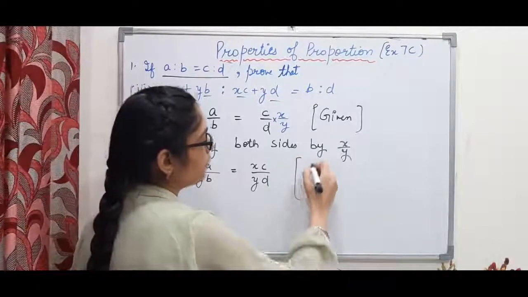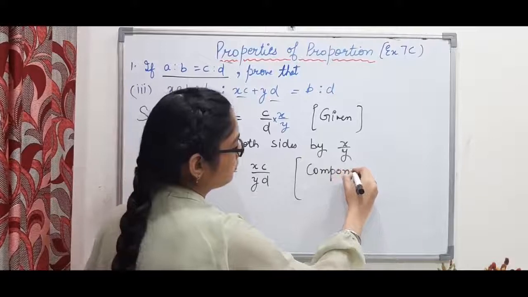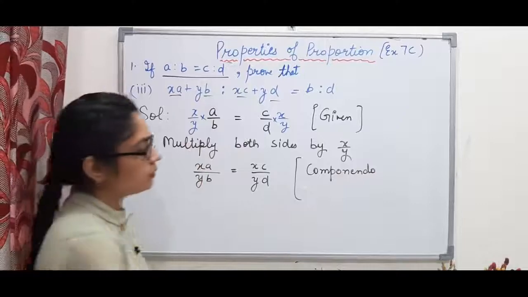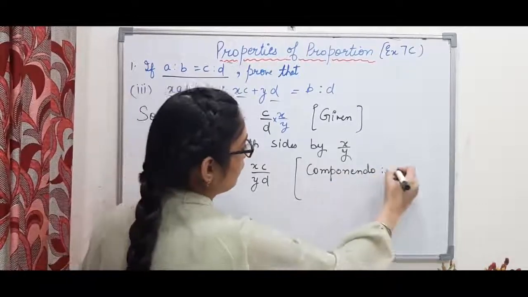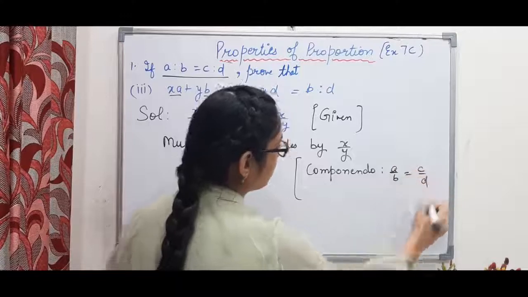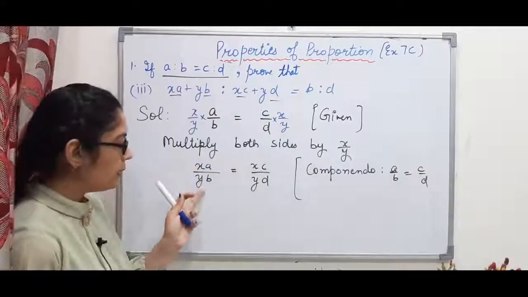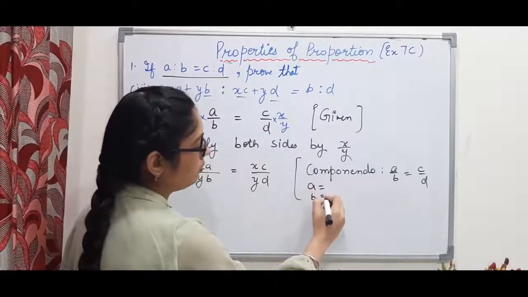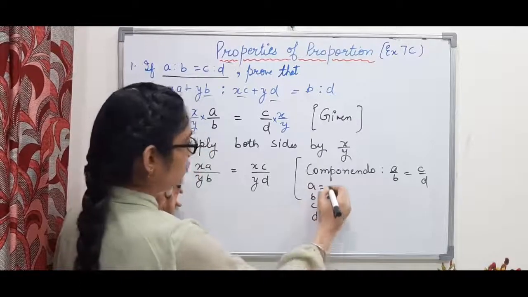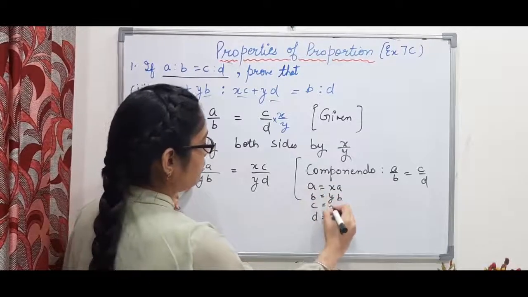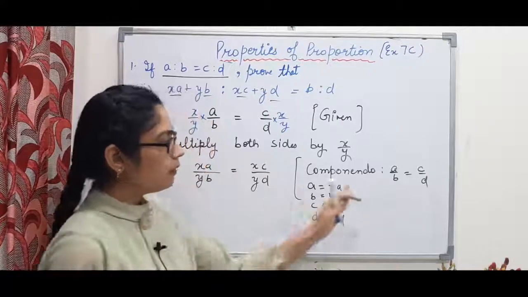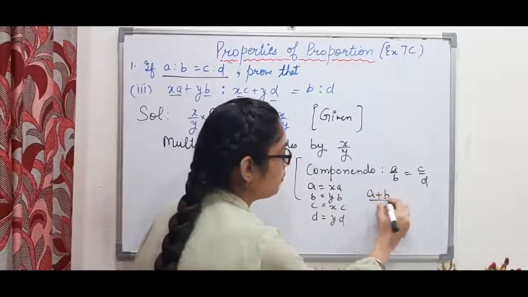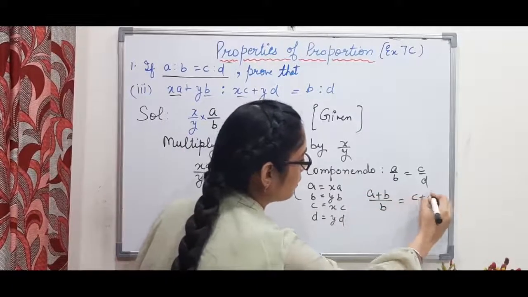So this is componendo. In componendo only these terms are there. According to componendo, if a by b is equal to c by d, see my a is xa, b is yb, c is xc, d is yd. We will write the values also so that there won't be any confusion. If a by b is equal to c by d, then (a plus b) by b is equal to (c plus d) by d.